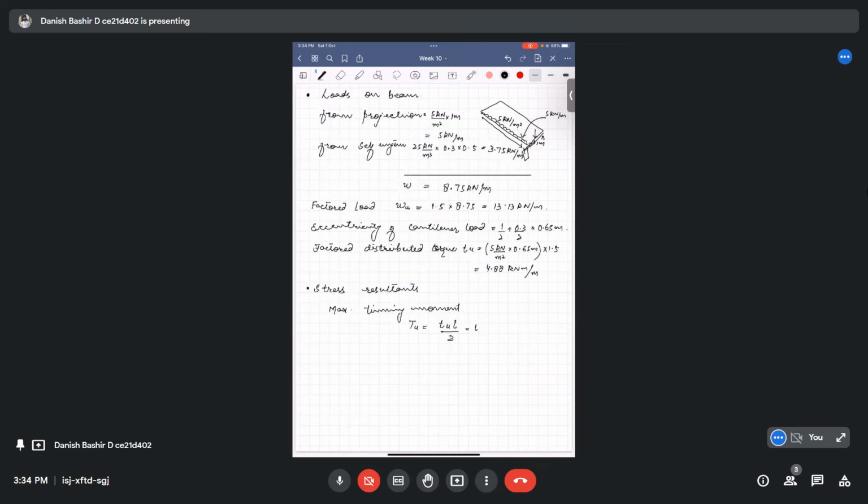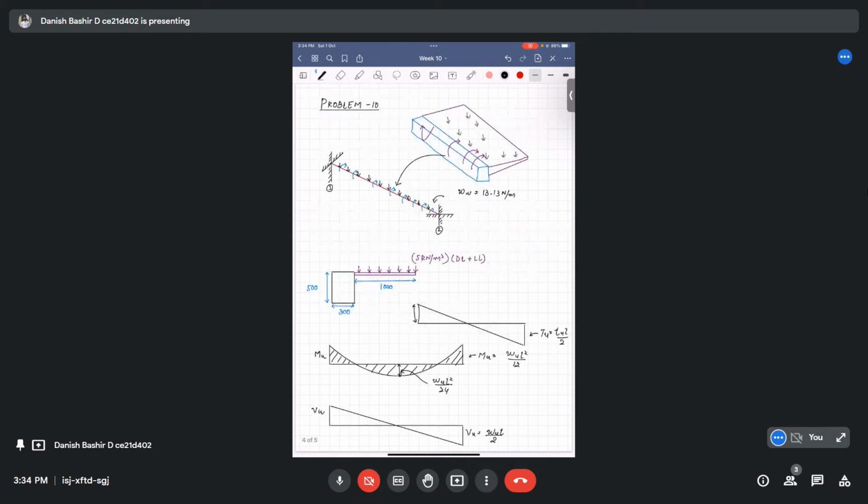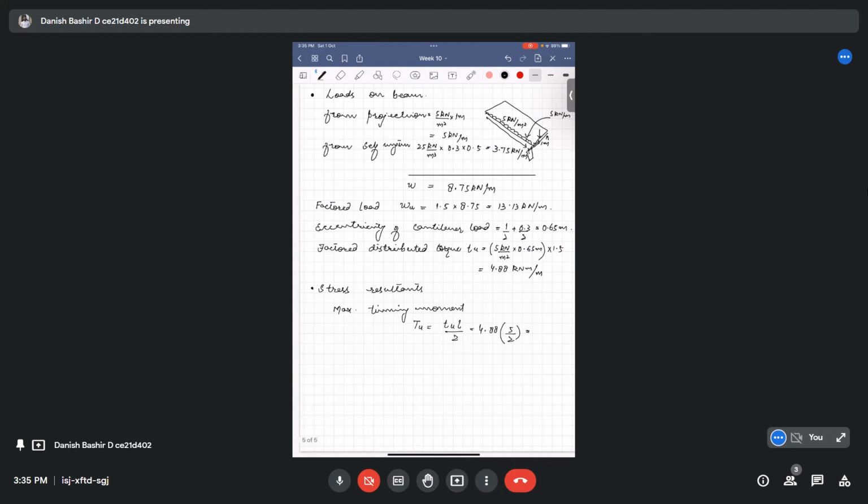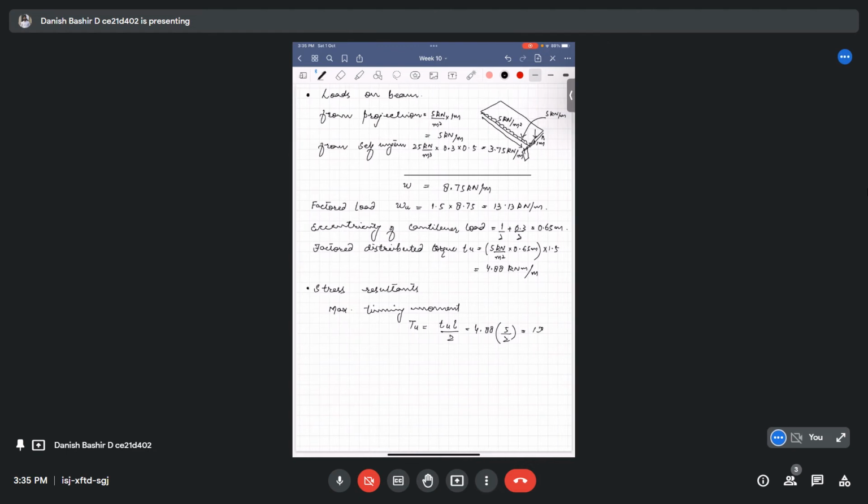We have 4.88, and the effective span is 5 meter, so 4.88 times 5 divided by 2 gives a value of 12.2 kilonewton meter.